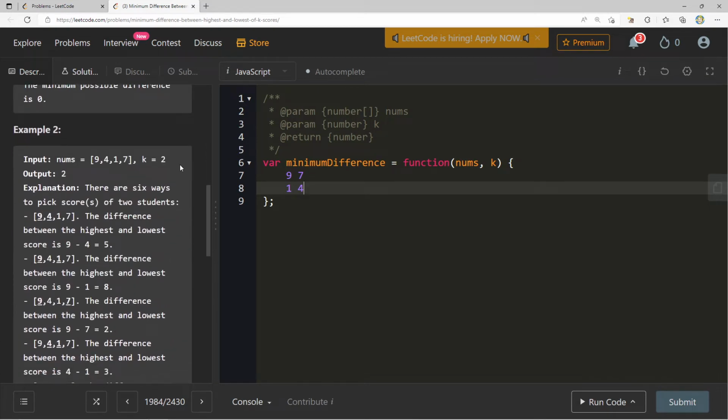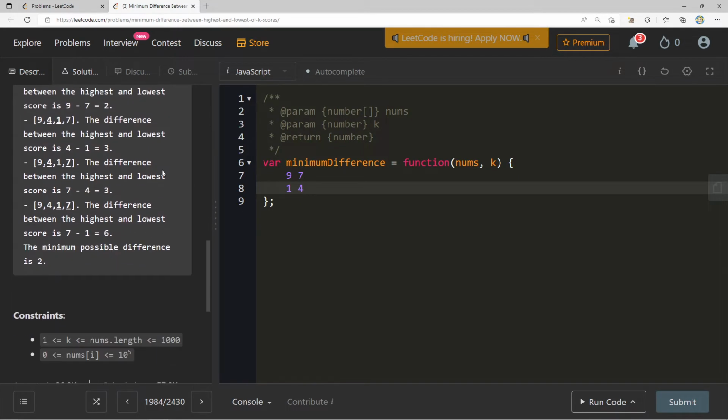So there are 6 ways to pick scores of two students, 9 and 4. The difference between the highest and lowest score is 9 minus 4. The difference between the highest and lowest score is 9 minus 1. Difference between the highest and lowest score, okay, 9 minus 7.